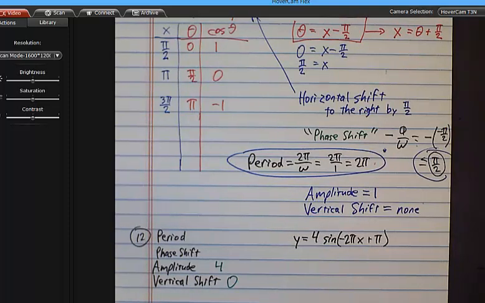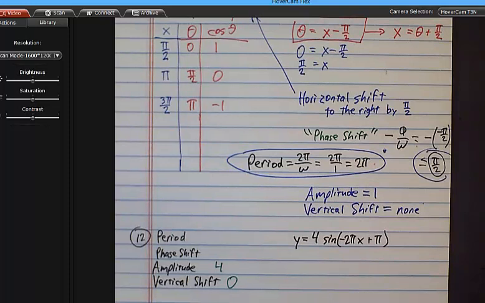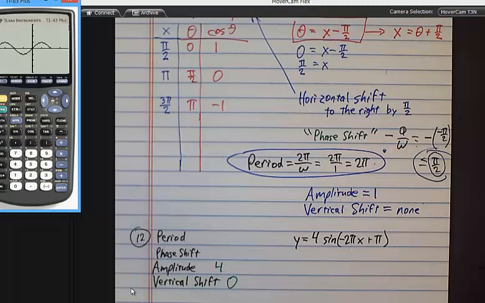And that's why you'll notice when I start to sketch the graph of the function, it's going to be 4 times as high and 4 times as low. It's going to go all the way up to 4 and all the way down to negative 4. So let me do that. I'll finish the graph of sine, start to graph this, and I'm going to pause it again. You can see it goes a lot higher, right? And you'll notice it's still centered at 0. We didn't shift up or down.